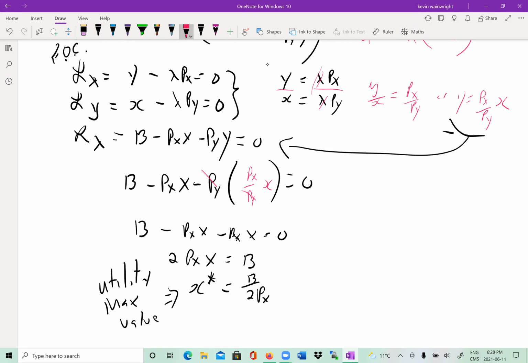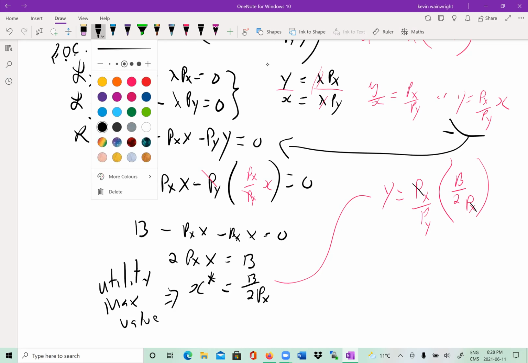This number I can stick back in and write y equals px over py times x. X is equal to b over 2px. And the px's cancel.